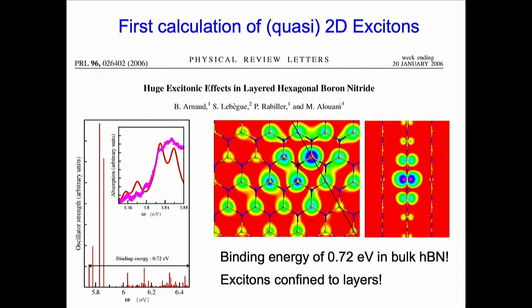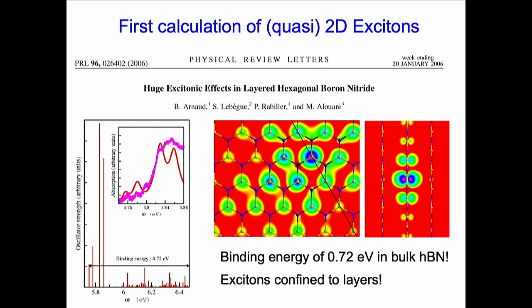So the first observation of quasi-two-dimensional excitons was in this paper by Brice Arnaud in 2006. I say quasi-two-dimensional excitons because it was done for bulk, layered hexagonal boron nitride. And they found out that if you look at the ground state exciton, and look at the excitonic wave function from the side, it looks pretty much localized on one layer.